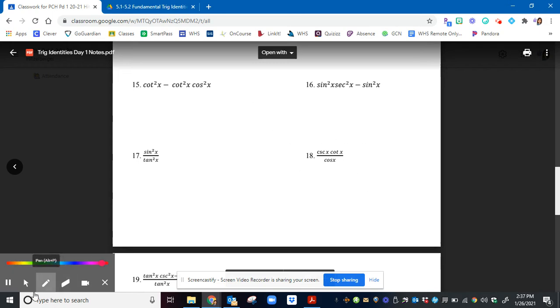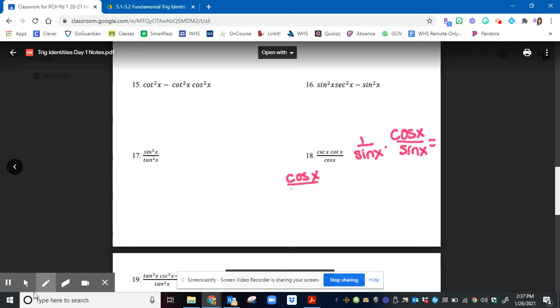So number 18 is going to be taking a look at the top here where cosecant is 1 over sine and cotangent is cosine over sine. So I'm just working in the numerator right now. And when I multiply these together, I end up with cosine all over sine squared. And then it's divided by cosine.